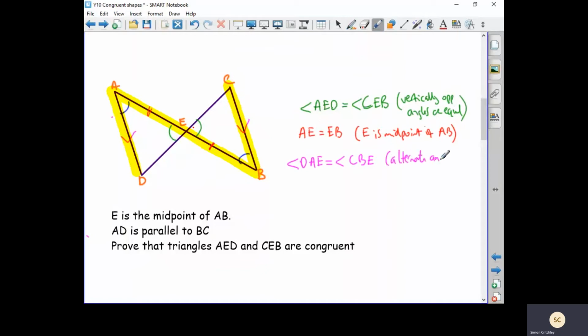Alternate angles are equal. Now the rule that I've decided to use here of the four was that we've got an angle, a side, and another angle, and the side was enclosed between the two. So we use angle, side, angle, congruence.